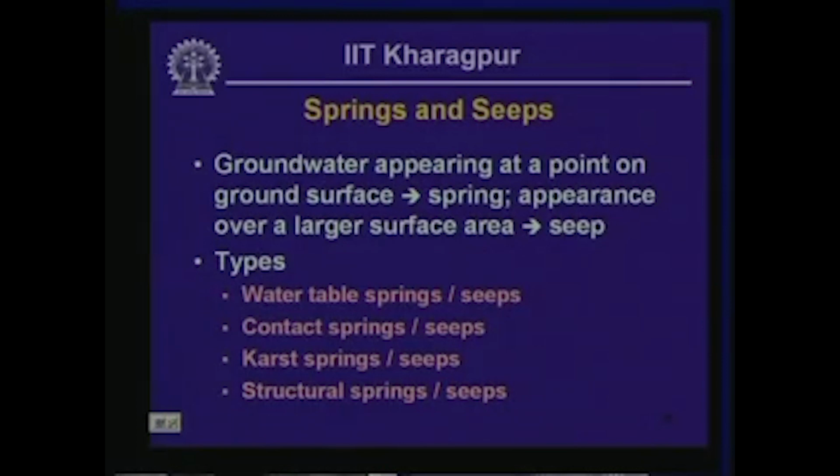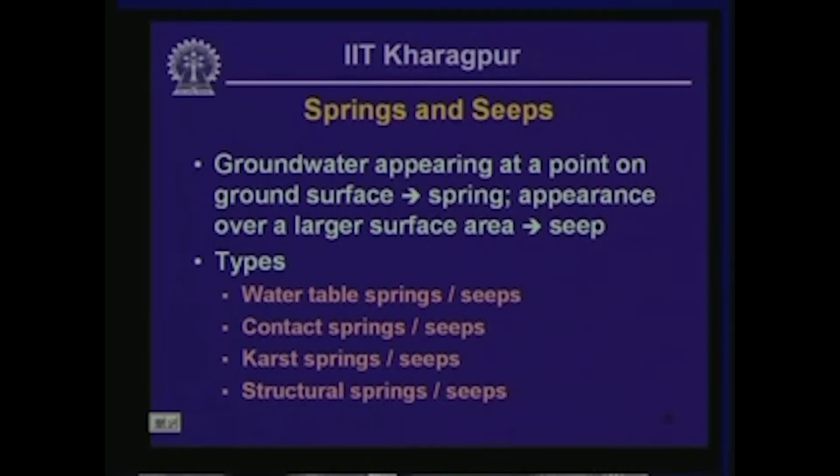The types of springs and seeps are going to be because of water table exposure, as we have discussed, or there could be contact springs or seeps where groundwater is conducted on top of sloping aquicludes, or there could be karst springs, which is because of subterranean water channels conducted between limestone cavities, or there could be structural springs that arise when joints get exposed at the surface in a jointed rock mass terrain and the joint is water bearing.